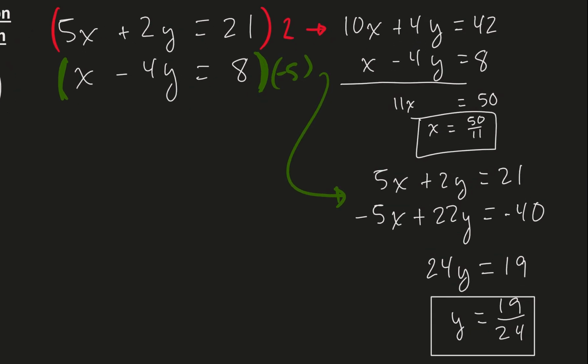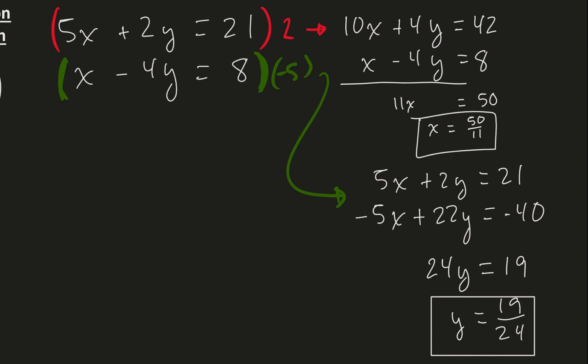So I'm going to start by looking at when I multiplied the top equation by 2. That became 10x plus 4y equals 42. I believe that to be true. 2 times 21 is 42, 2 times 2 is 4, and 2 times 5 is 10. I rewrote the second equation, x minus 4y is 8.